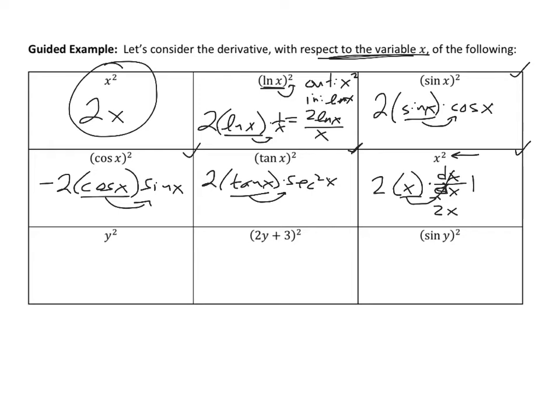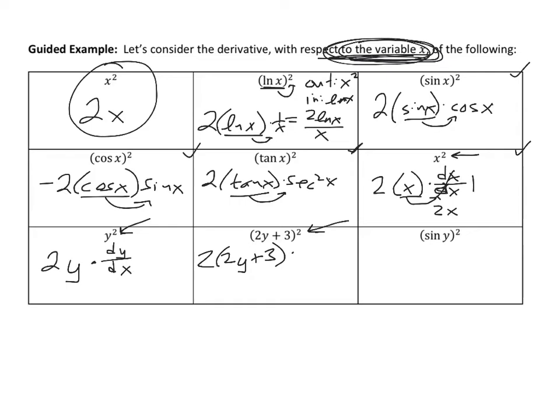So now that we have this sense that we're doing this chain rule, let's look at what it would look like in these 4 problems that have y in them. If somebody wanted me to do the derivative of y squared with respect to the variable x, I would do 2y times the derivative of what was inside, dy dx. If I wanted to do the derivative of this thing with respect to x, well, it would be 2 times whatever was inside times the derivative of the thing that was inside.